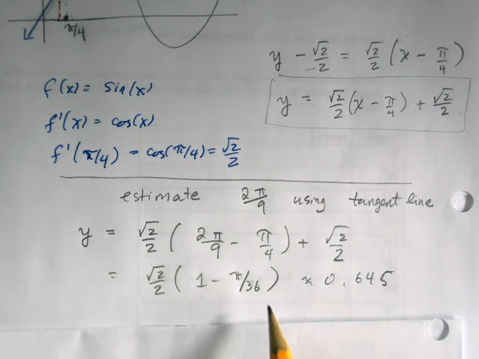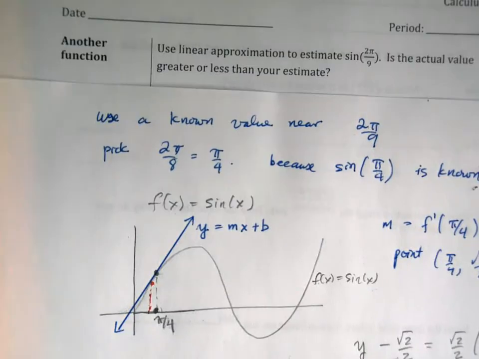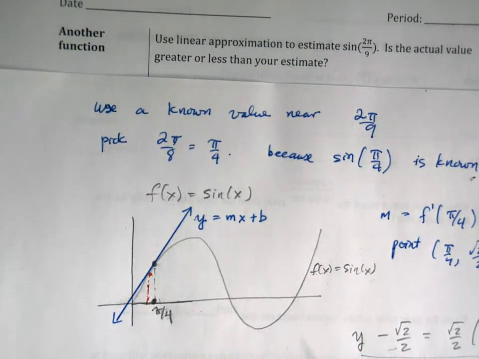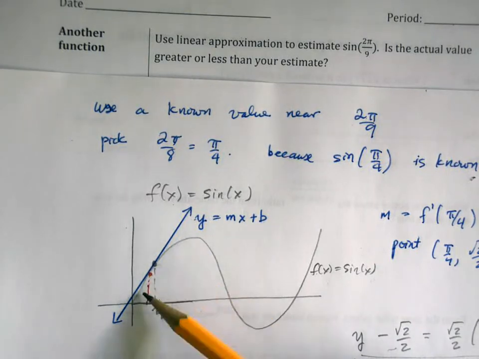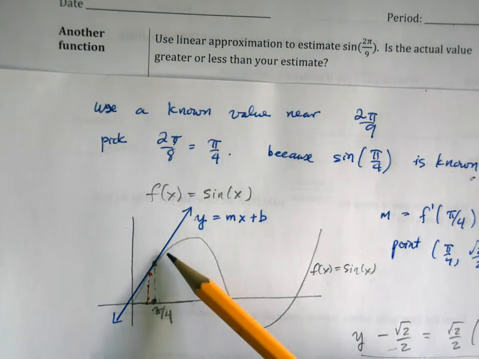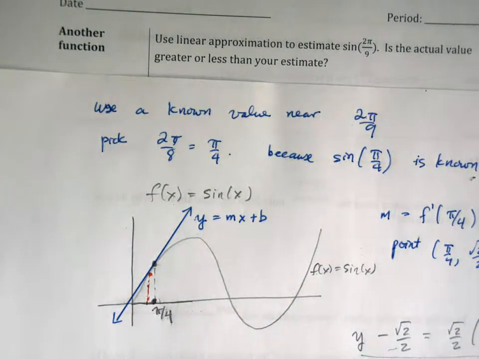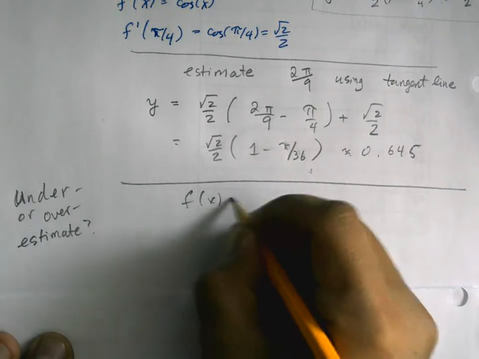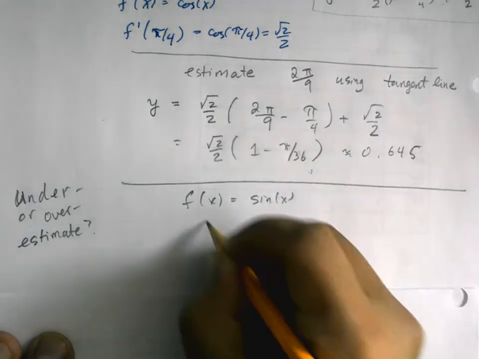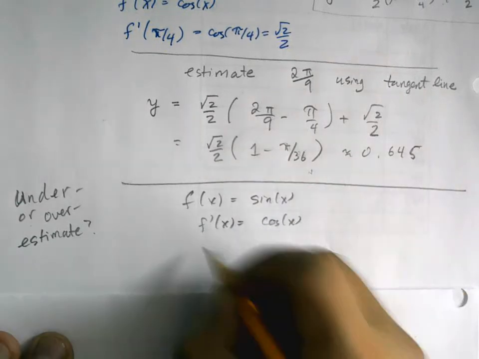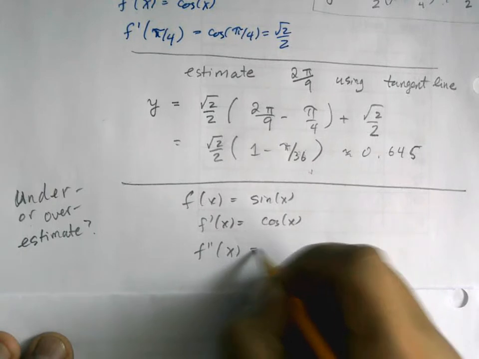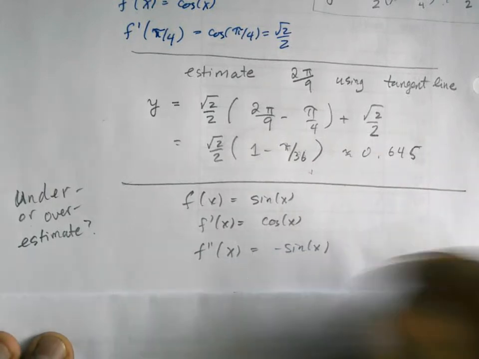Before we calculate the actual answer, which we certainly could, let's think a little bit about our estimate. Is this higher or lower than the actual answer? Having a picture of the graph helps a lot. If you look at this part right here, you can see that the sine function is concave down at this point. But just to be sure, let's verify. f of x is equal to sine of x. f prime of x is equal to cosine of x. f double prime of x is equal to negative sine of x.